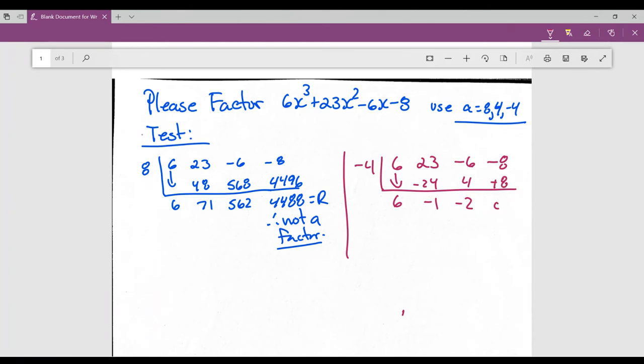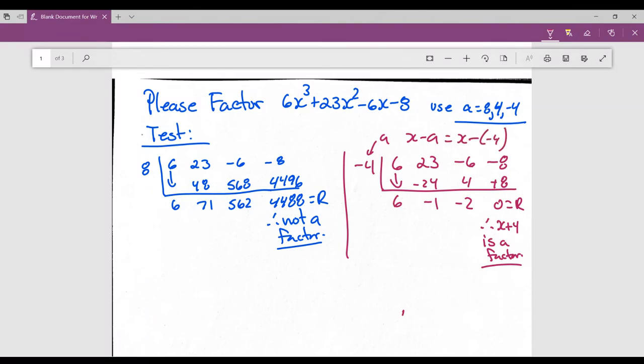Therefore, x plus 4 is a factor. Okay? And it's x plus 4 because remember, that's my a value, and it's always written as x minus a. So it'd be x minus negative 4. So I get the x plus 4.